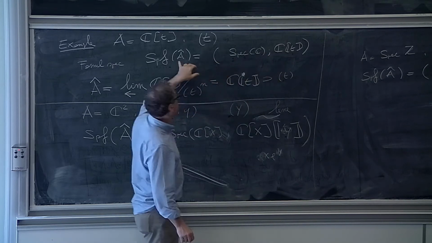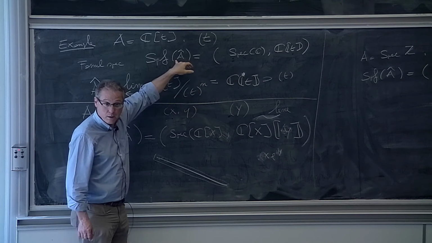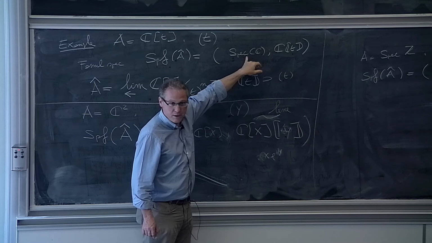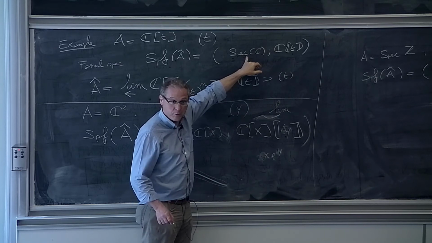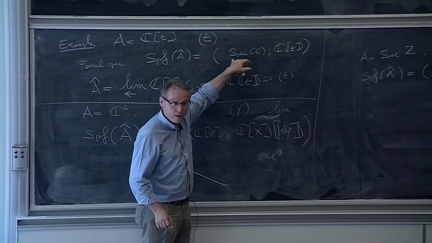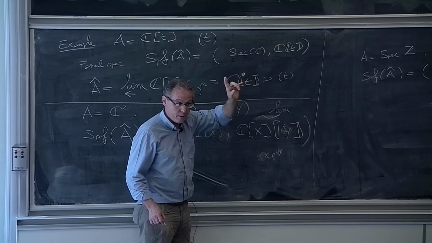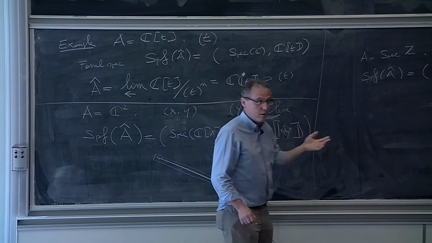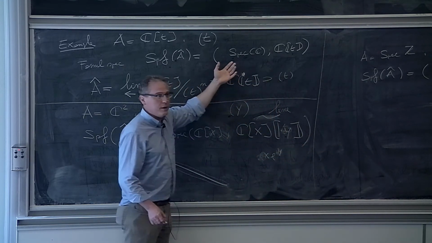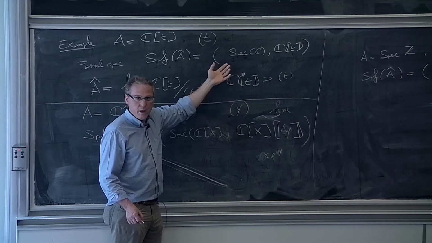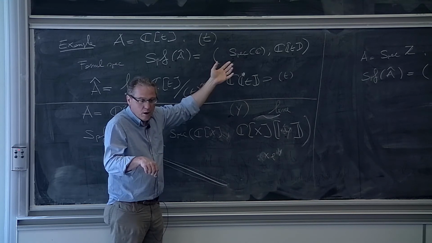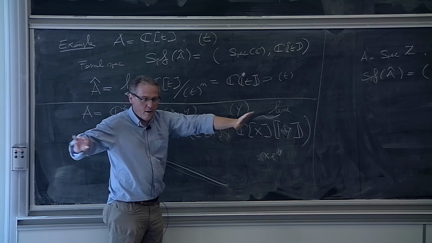So this formal scheme, even if its underlying topological space has dimension 0, is a formal scheme of dimension 1. Because if you use your intuition, this should be a small neighborhood of a point inside a line.